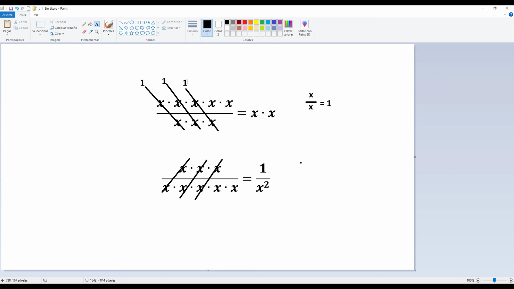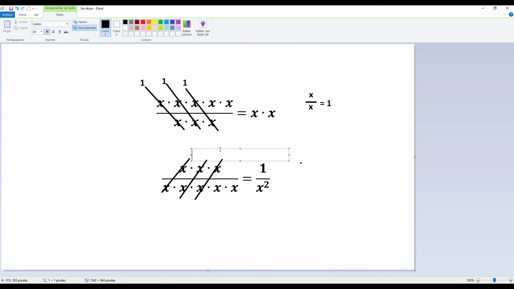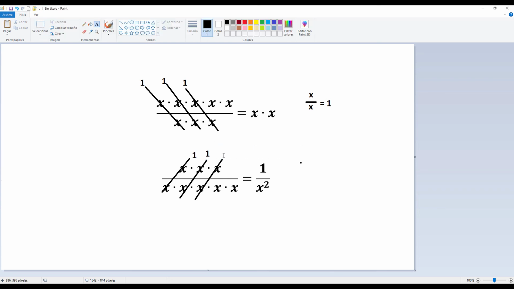You have 1 times 1 times 1 times x times x. You don't write that, it's only 1. But in that case again it's 1 times 1 times 1, which is equal to 1.